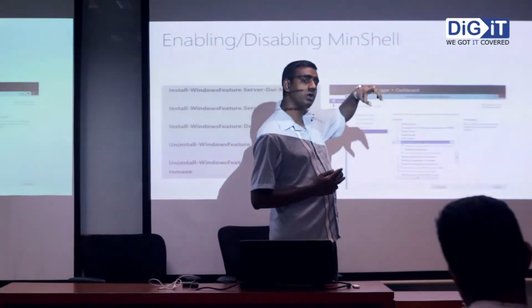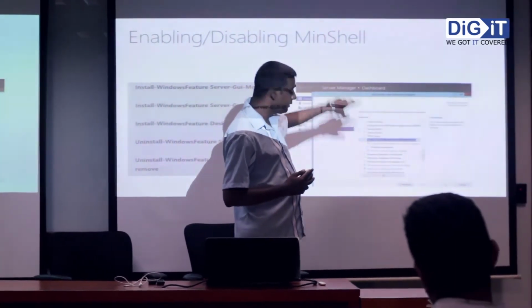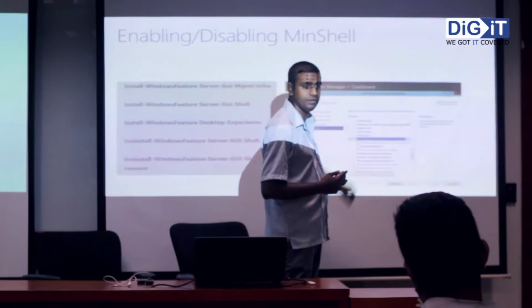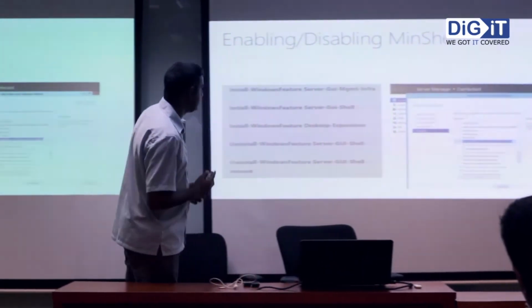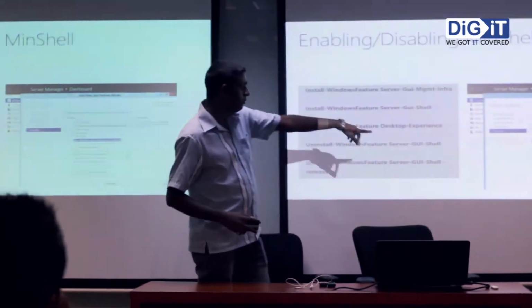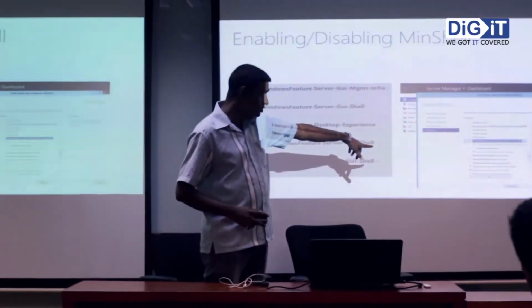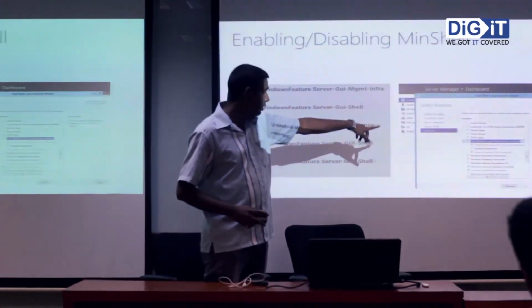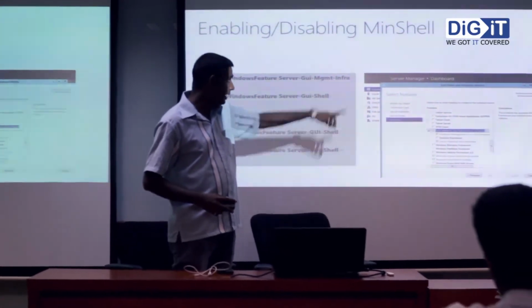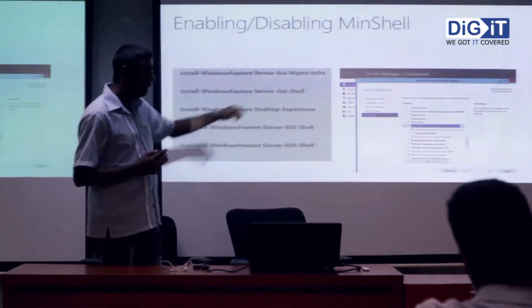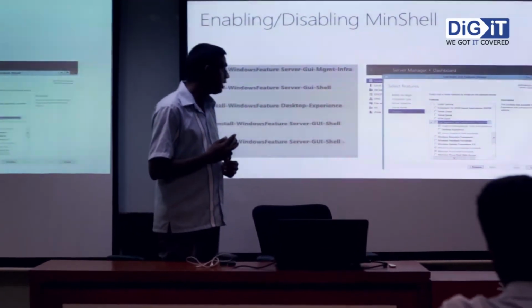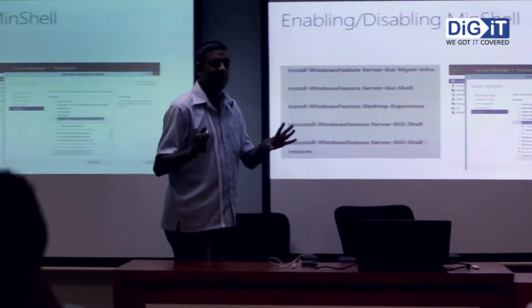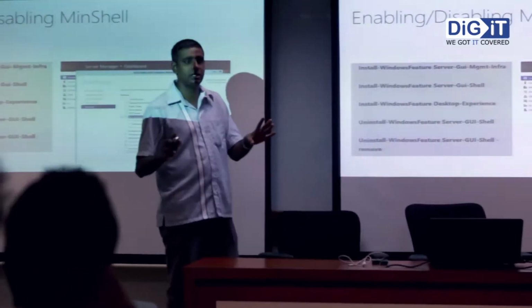Suppose you now want to go to Server Core, so you remove both of these features. These are the cmdlets we use for uninstallation. Of course, you can do it from the GUI. If you have a GUI, you can just go to the add roles and features wizard, untick the unwanted features, and move on. Otherwise, I recommend it's easier to use PowerShell.